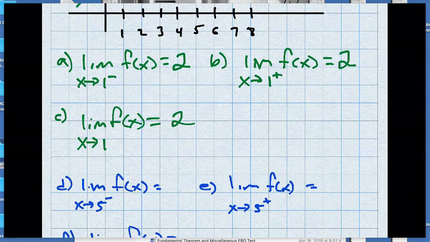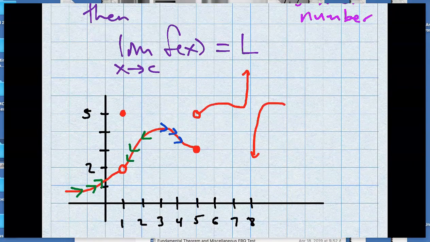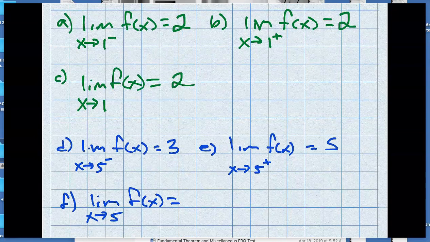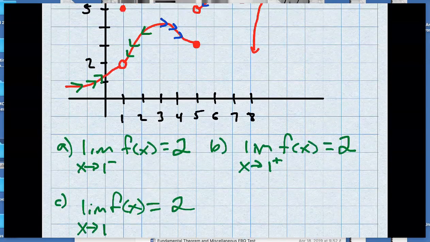Yeah, from the left side, it's approaching 3. What's happening from the right side? From the right side, we're approaching a value of 5. Well, since those two are not the same, we're going to write that the overall limit does not exist. So we're going to say, our overall limit does not exist, and then we're going to move on because the left side doesn't equal the right side.